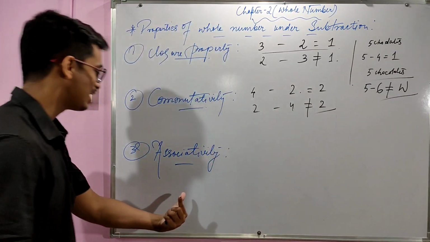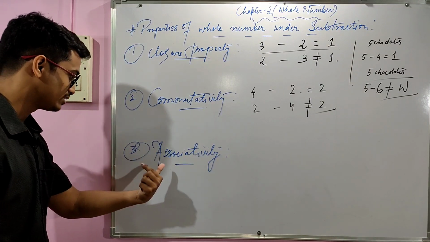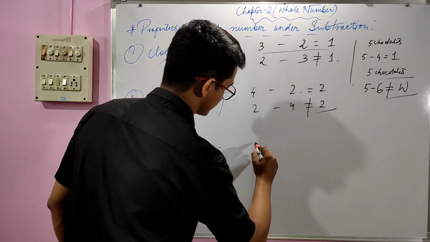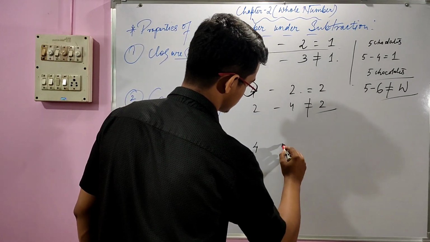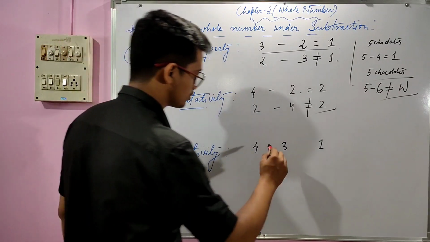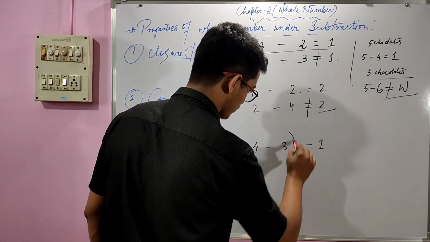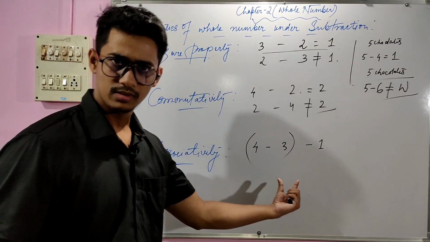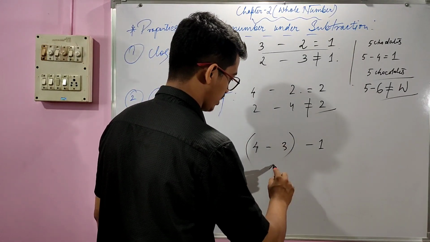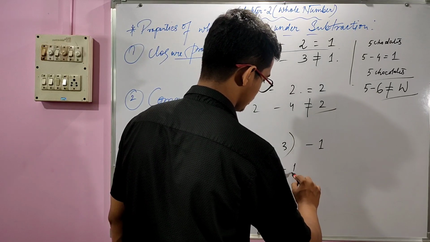So let's go to the next section, that is associativity. What do we mean by associativity? Three numbers are there, let's say 4, 3, 1, and we have to do minus. In the first case the first bracket will be over 4 minus 3, which is 1, and 1 minus 1 is 0.